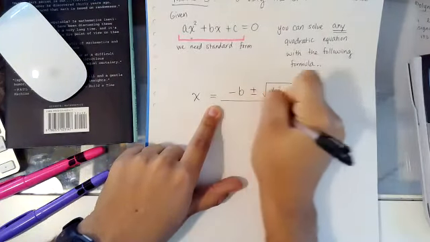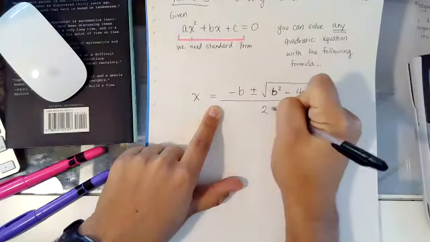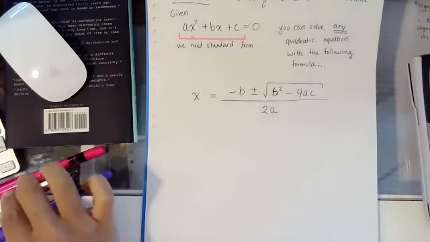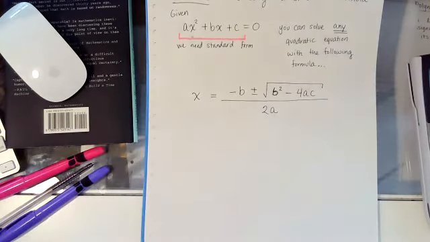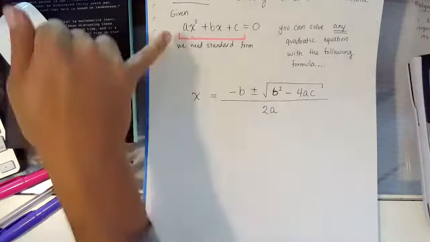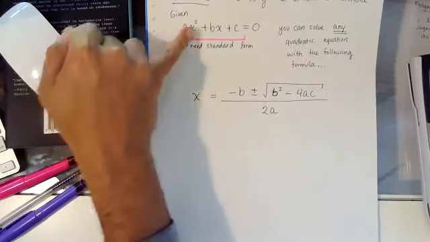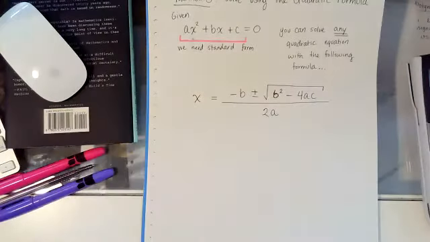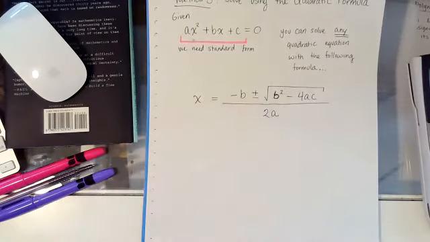And then that is all over 2a. Now this means that whatever numbers you're given here for a, b, and c, if you plug them into this formula, they will spit out both of your solutions. Plus or minus indicates that there's going to be two solutions here.